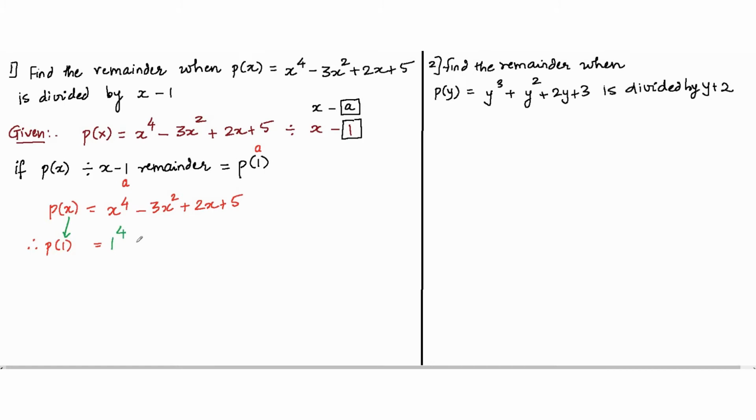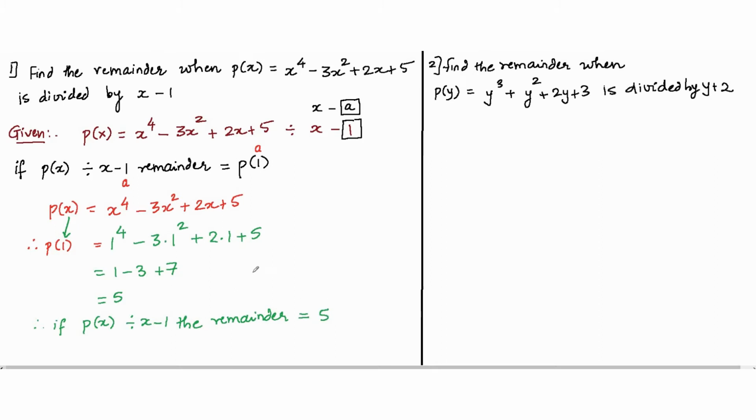So it will be 1 raised to 4 minus 3 into 1 square plus 2 into 1 plus 5, which equals 1 minus 3 plus 2 plus 5, and that's going to be equal to 5. Therefore, if p of x is divided by x minus 1, the remainder is going to be 5. The remainder will be 5.